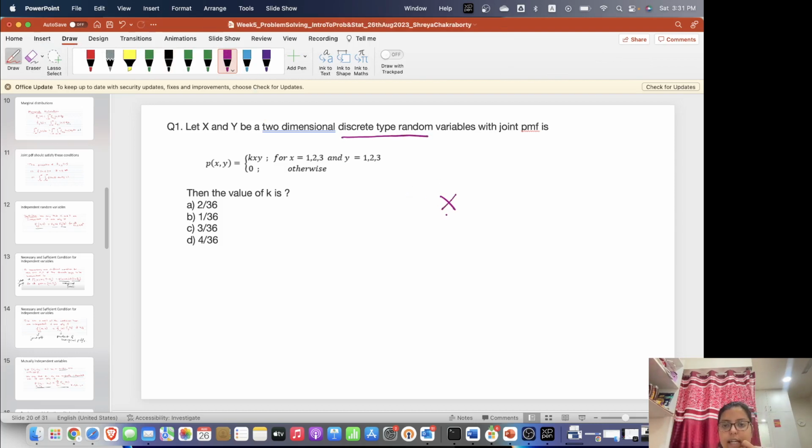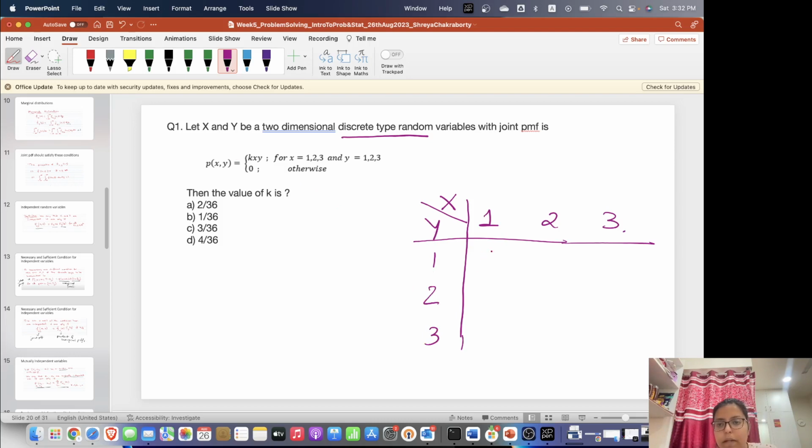Let's say this is x and this is y. X can take values 1, 2 and 3, and Y can take values 1, 2 and 3. These cells will represent pxy.